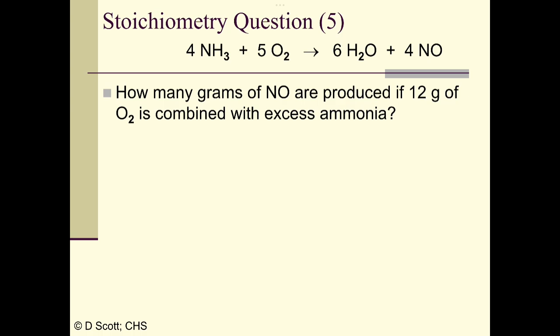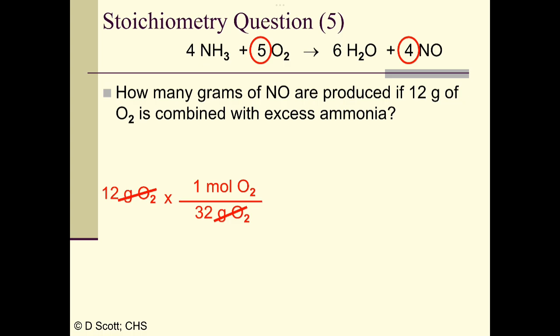So the first thing you're going to do is convert this 12 grams of O2 into moles. So we got 1 mole of dioxide over 32 grams of O2. So again we cancel out the units of grams of O2, and then we will multiply 12 by 1. So that will be 12 divided by 32.